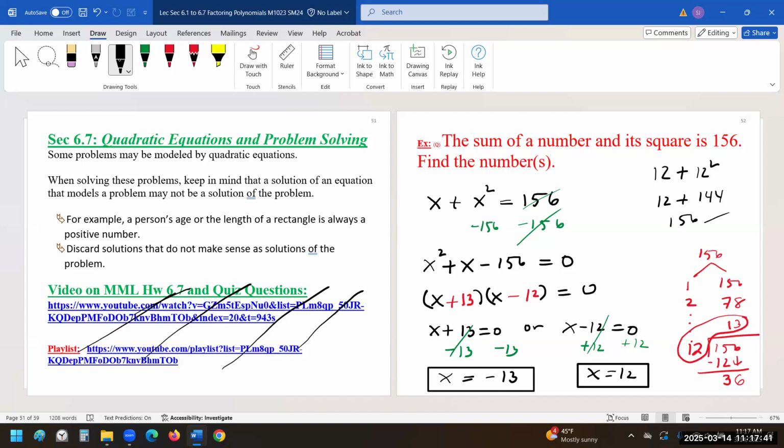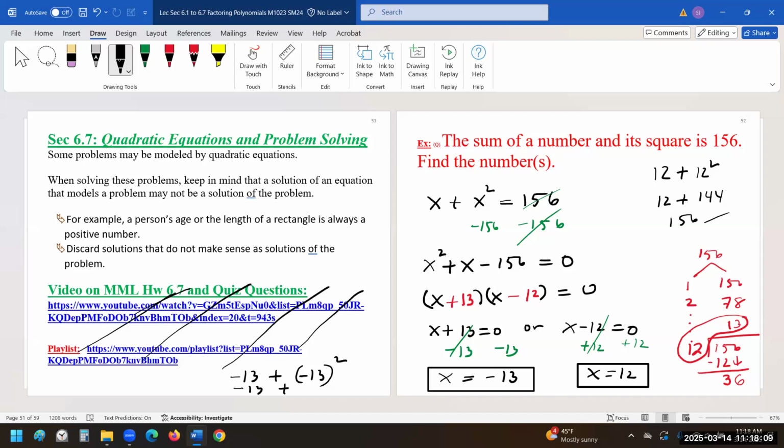See? And we can actually check. Negative 13 plus negative 13 squared. You can check your work. Remember, the number and its square add up to 156. So we have negative 13. What is negative 13 squared?